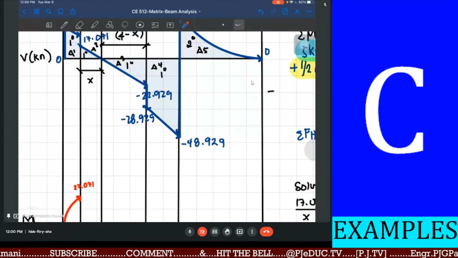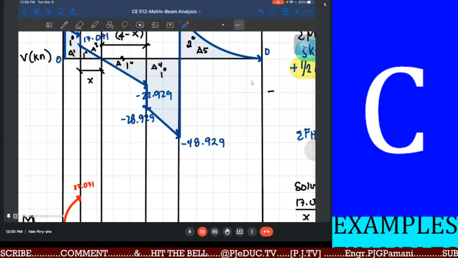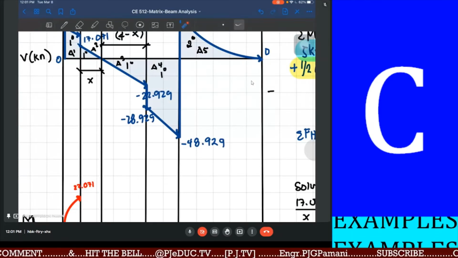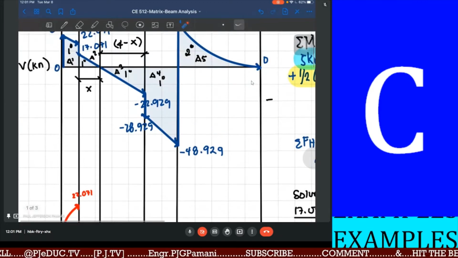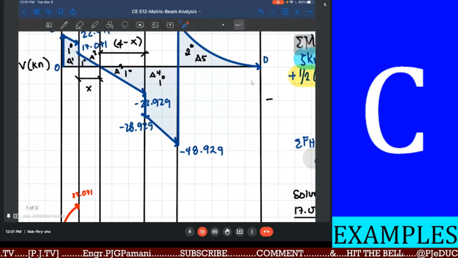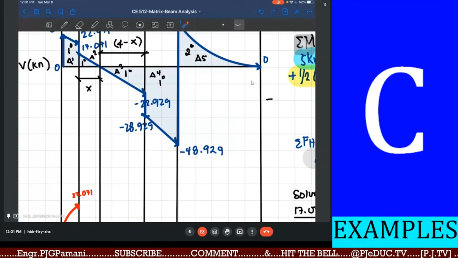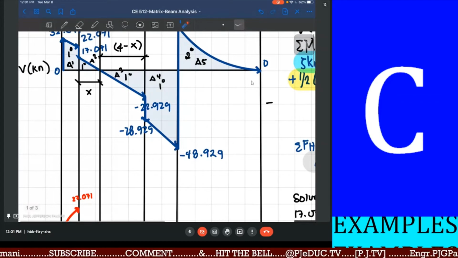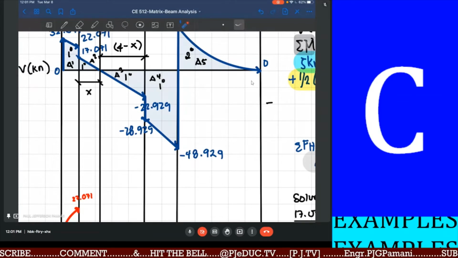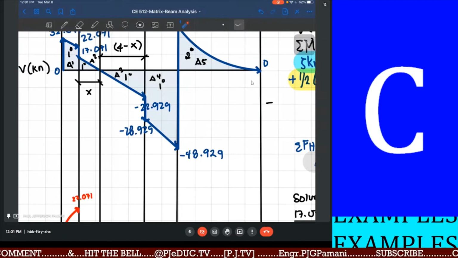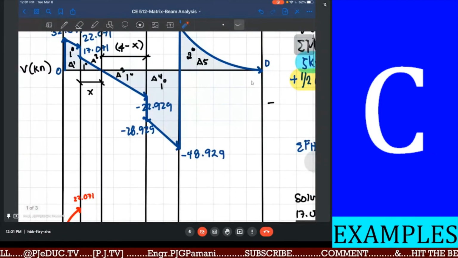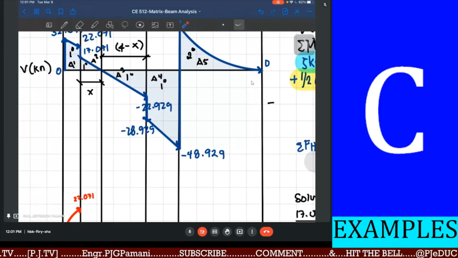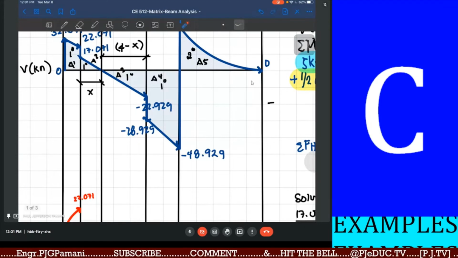Bakit plus? Note that our diagram are still on the positive quadrant of our figure. Positive, kaya plus. So, 27.071 plus 1 half the area of the triangle with 17.071. Base is the x of 1.7071. So, tataas pa yan.